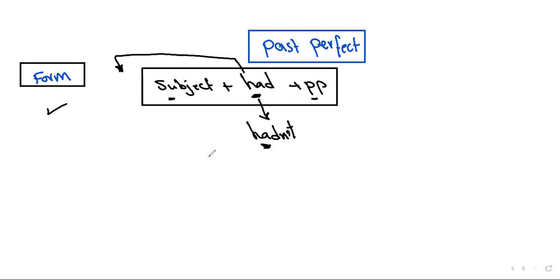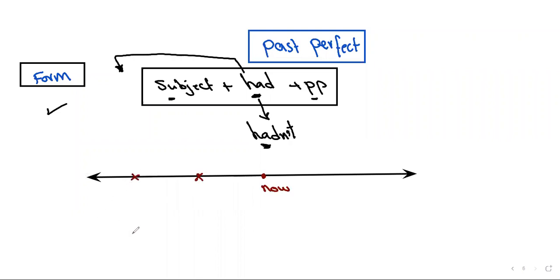What are the usages of the past perfect? And this is very important. Look at this timeline. And this is now. And we have two actions in the past. This is the first action, and this is the second one.